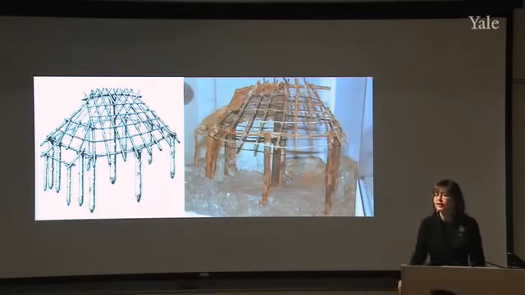Now, there are no huts that look like this in Rome still today that I can show you to give you a better sense of what these would have looked like in antiquity. But I'm sure you, like I, have seen huts like this on your travels around the world.